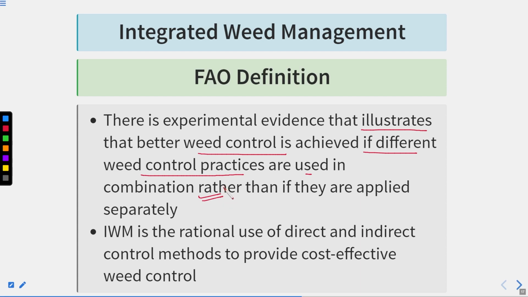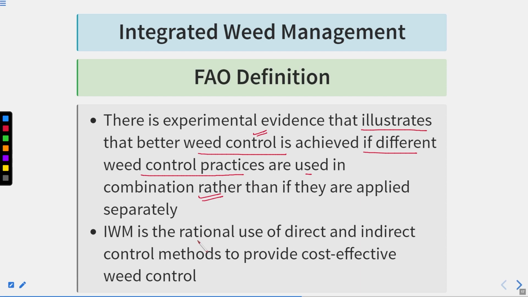So there is a lot of experimental evidence proving that if you are using a single method to control the weed, then it is not so effective. But if we are using different methods in a combined form, then that weed control method is quite effective.